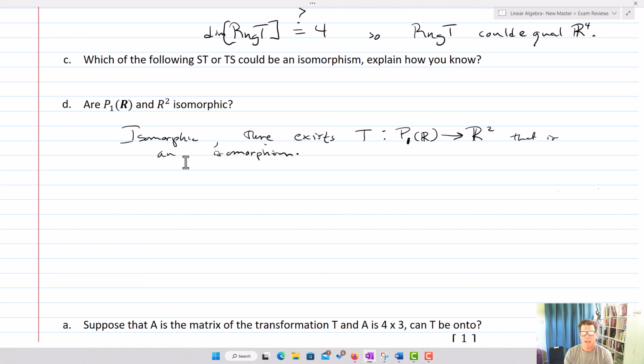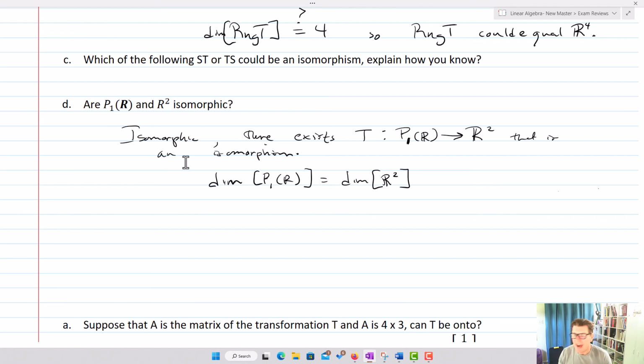All right, and so what we first need to do is make a check. Now, this doesn't necessarily mean that the two are isomorphic, but it's an important check. We need that the dimension of P1(R) equals the dimension of R2.